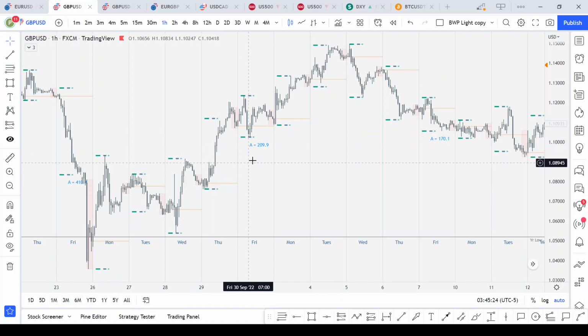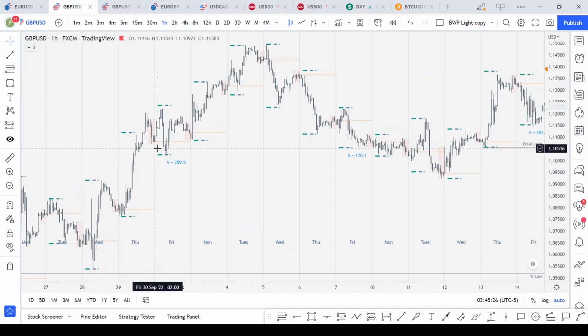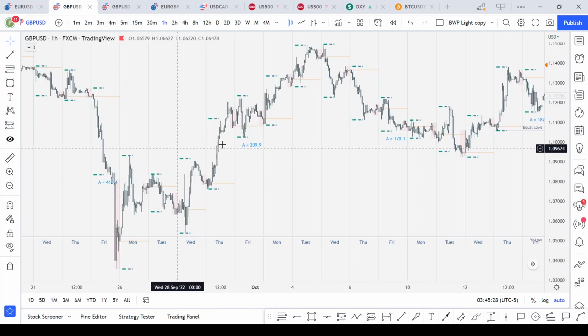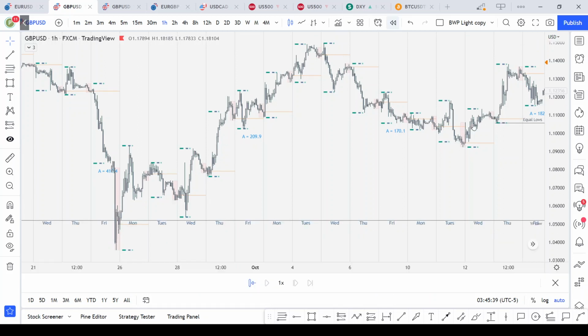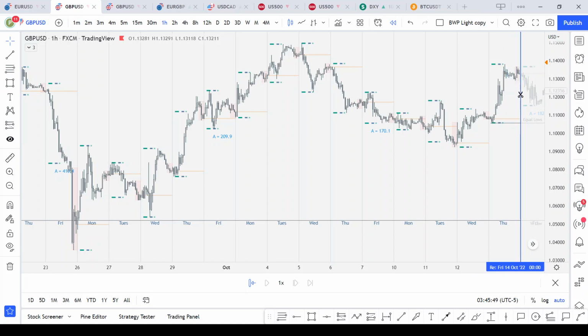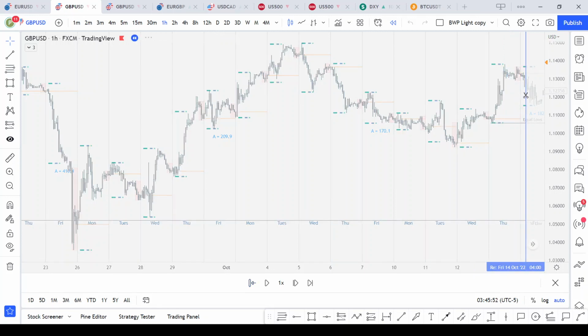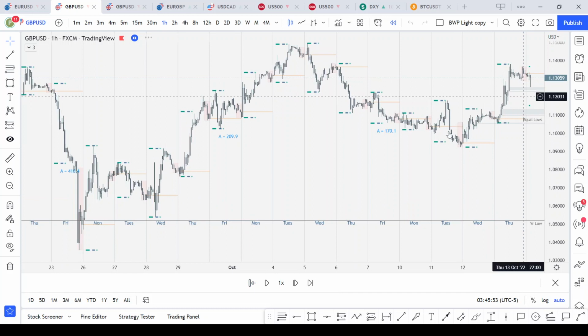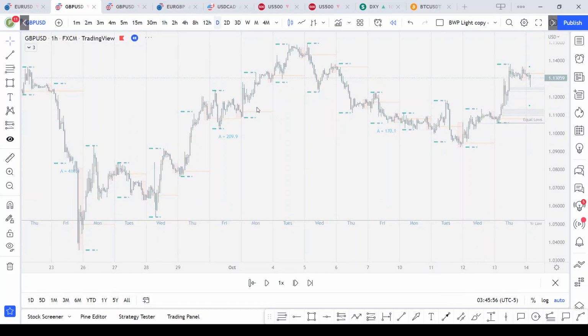There is a daily fair value gap at this level. Let me just go to the daily time frame first. We go to the daily time frame.